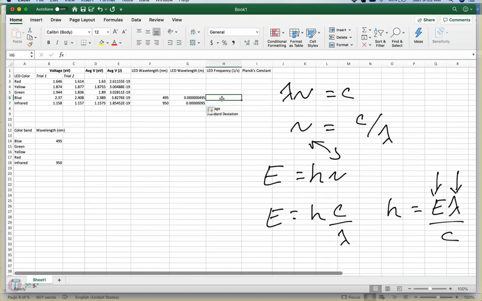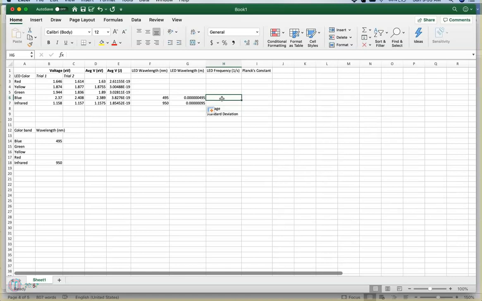So what I need to do now is convert that meters into frequency. So I have my 495 times 10 to the 9th, which would be 4.95 times 10 to the, if I'm going that direction. You know what, I'm not going to try to do math in my head, let's do it the easy way. I know I have 495 times 10 to the negative 9th meters.